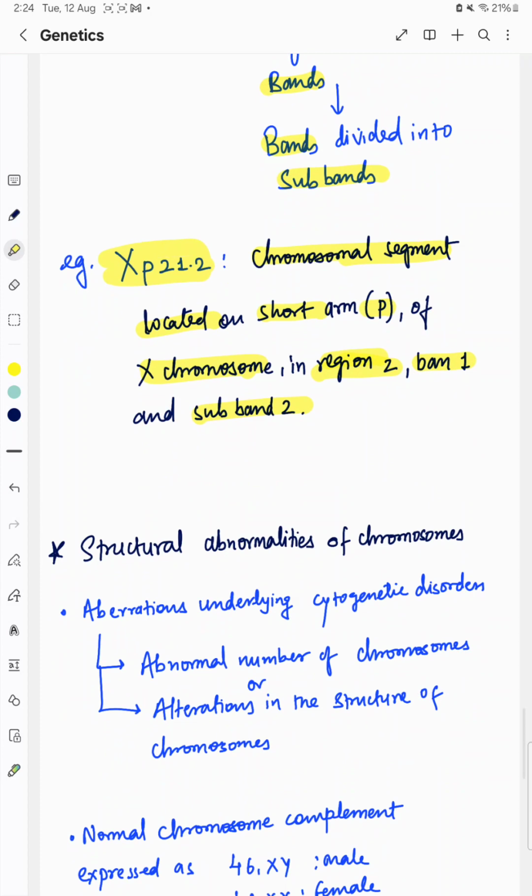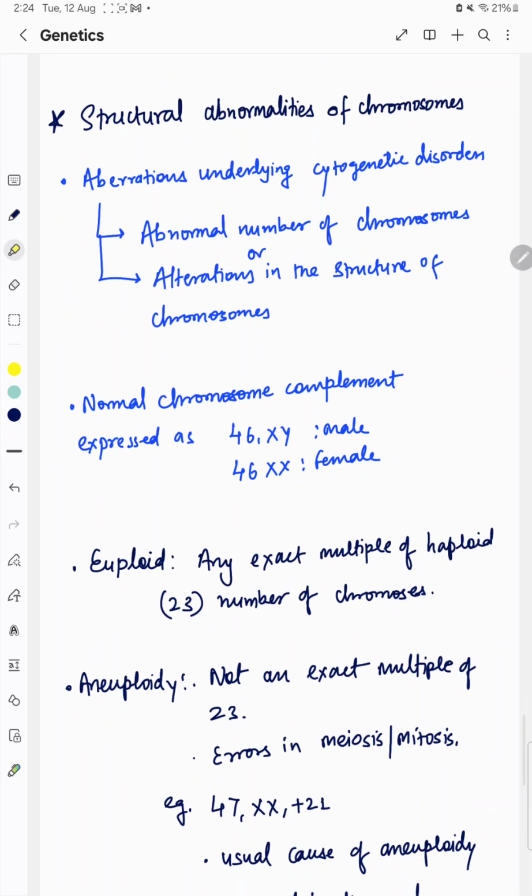What are the structural abnormalities of a chromosome? We will discuss these very briefly. Aberration of the underlying cytogenetic disorder can be due to an abnormal number of chromosomes or an alteration in the structure of chromosomes.